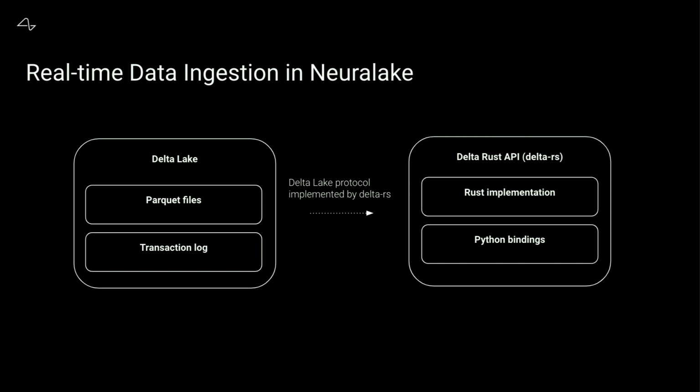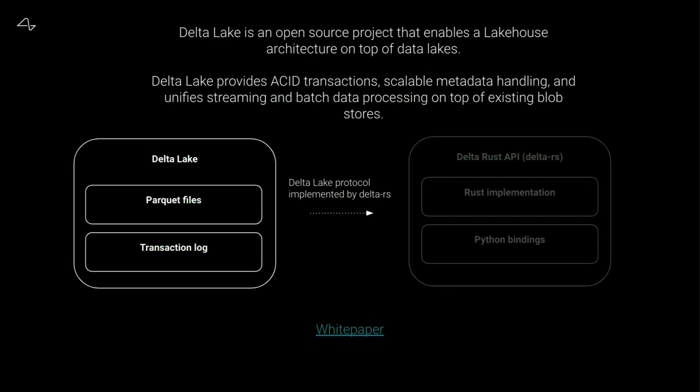So we have Delta Lake, and we use the library Delta RS in our real-time ingestion pipelines. So what is Delta Lake? I'm sure a lot of people here are familiar, but for those who aren't, Delta Lake is an open source project, and is essentially a file protocol or file format that allows you to have ACID-compliant transactions on top of blob stores.